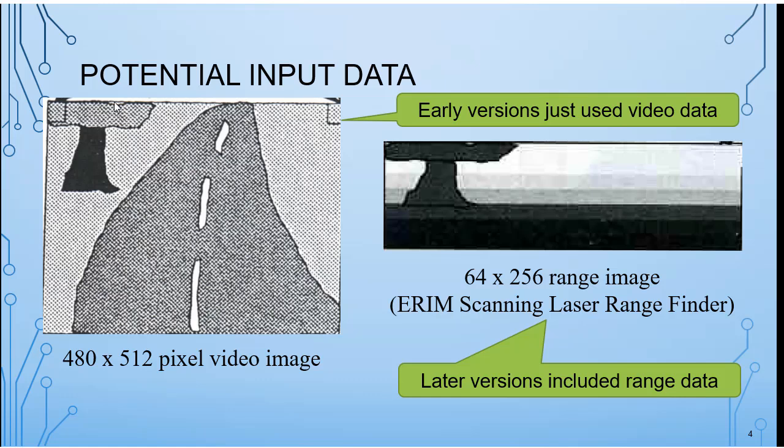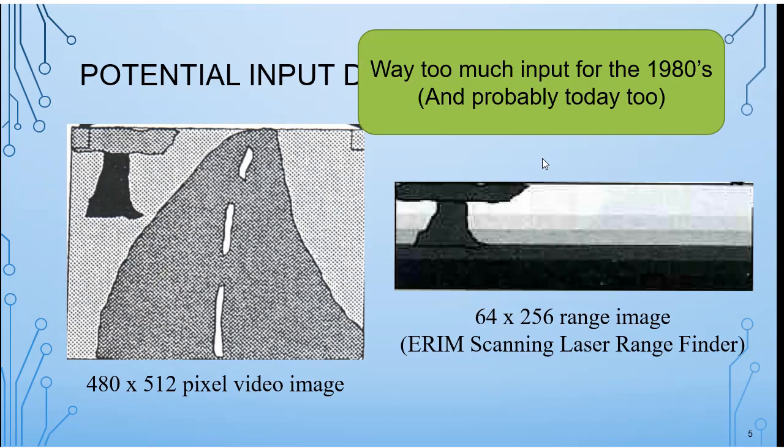Later versions included range data, the output from a scanning laser rangefinder, where dark areas mean closer and light areas mean further away. Way too much data in the 1980s and 90s, possibly too much data for computing today.